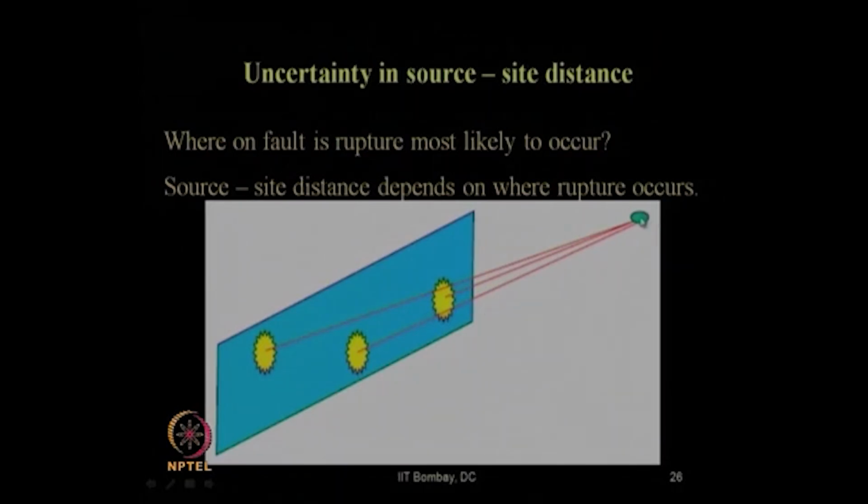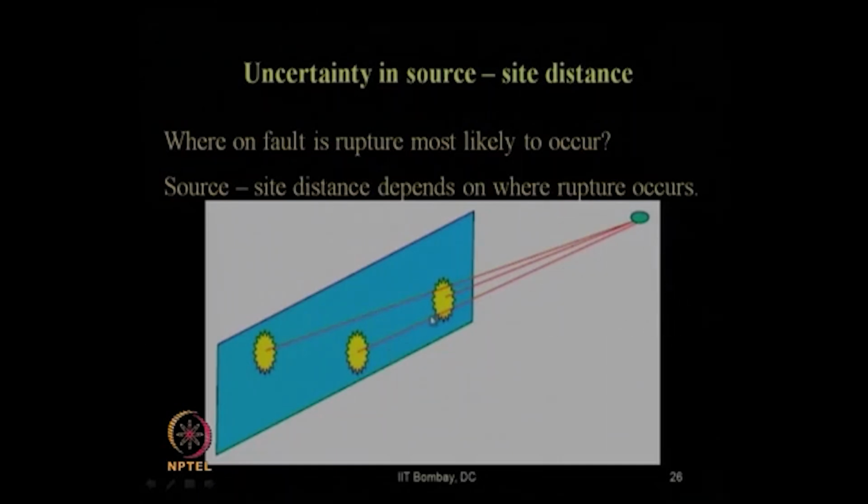We have actually taken the minimum distance from this point, considering that the maximum rupture will occur at all points equally, but there is no reason why it should occur at all points equally, right. So, we need to find out where the rupture is most likely to occur, that probability we have to compute. So, source to site distance depends on where that rupture occurs.